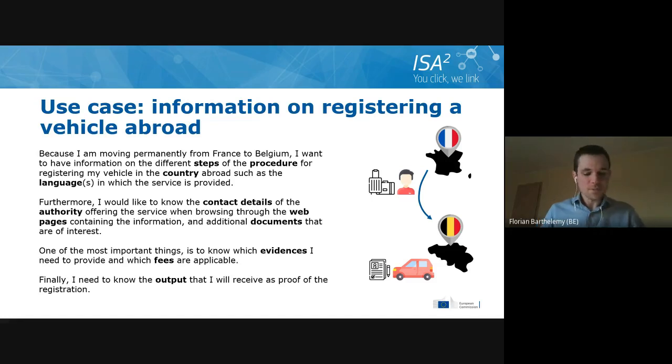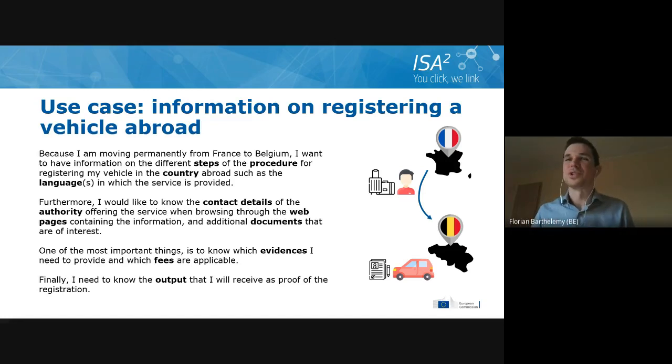And before actually starting the procedure, the person would like to know which kind of evidence types or evidences I will need to provide, and will I have to pay anything? So are there some fees applicable? And finally, what can I expect once the procedure is closed, is fulfilled, as kind of output? So this is in a nutshell the use case on which we'll base ourselves.